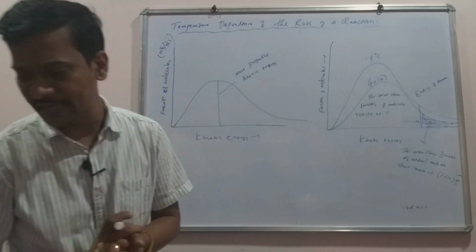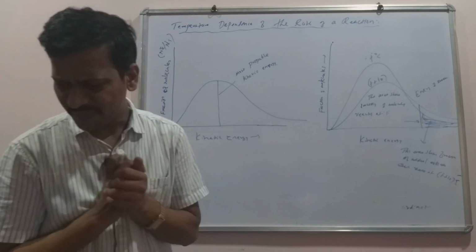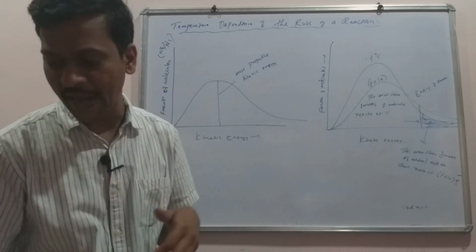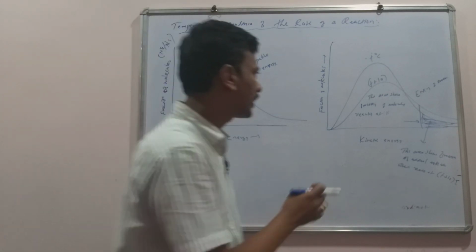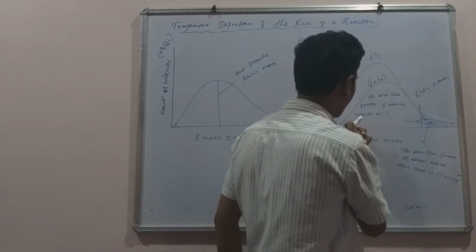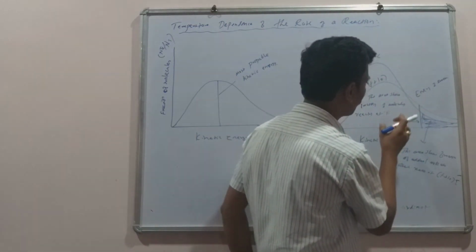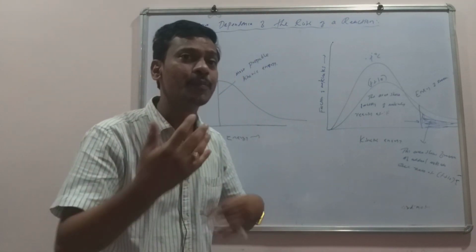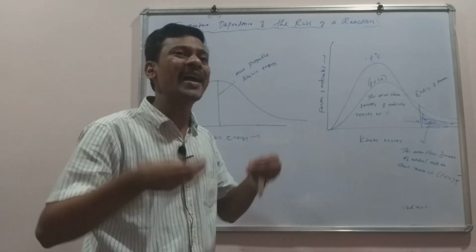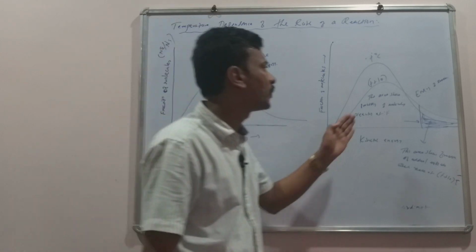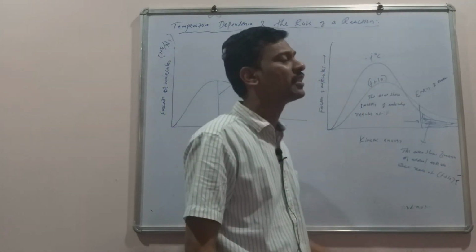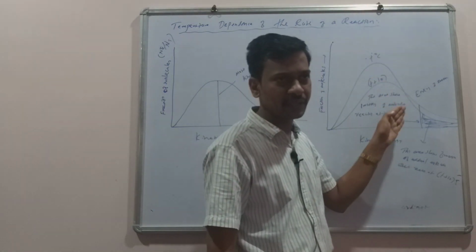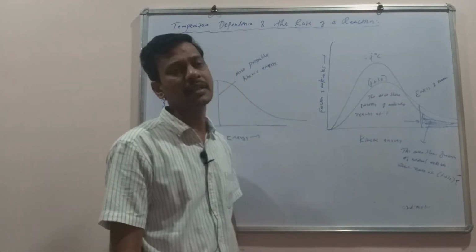Then what does it indicate? Increasing the temperature of the substance increases the fraction of molecules, by decreasing the activation energy. Then more and more molecules are involved in the reaction, and it doubles the rate constant when the temperature of the reaction increases by 10 degrees Celsius.